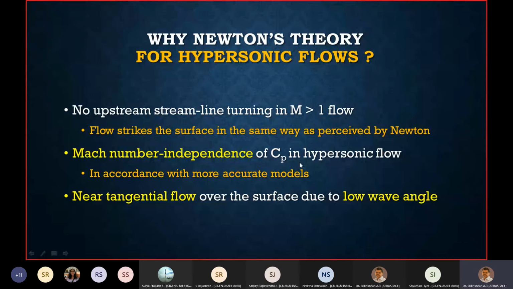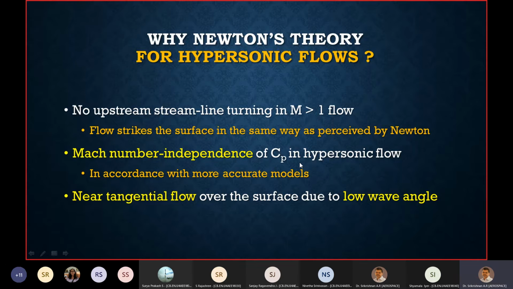The first one, the no flow turning, is applicable to supersonic and hypersonic flows, but Mach number independence, we will see later, tends to become accurate only for hypersonic flows, not for lower Mach numbers. So the second point eliminates the applicability of Newton's theory to supersonic flows.